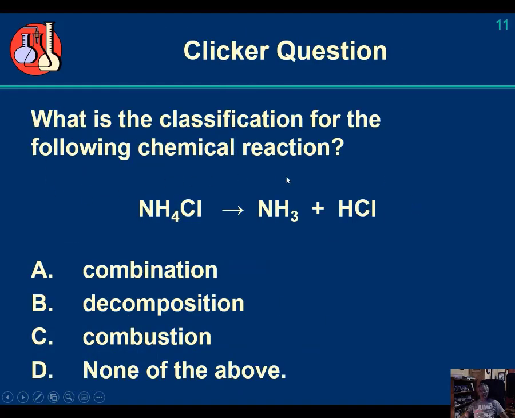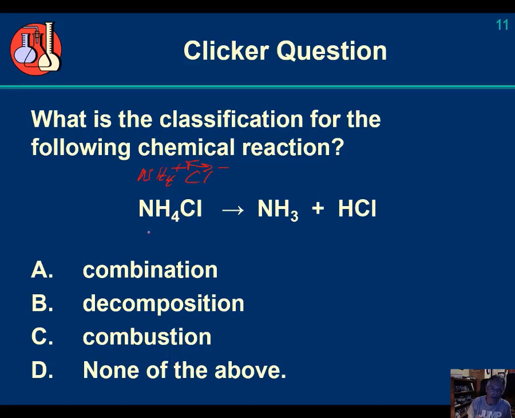So if I were to look at this particular reaction, this is ammonium chloride. And by the way, ammonium chloride is an ionic compound. This is something you have to watch out for. Even though there are no metals over here, remember the ammonium cation is a polyatomic cation. So just think of this as an ion, a cation, and then the chloride ion has a negative charge, and they're attracted to each other by this positive-negative charge into a crystal structure.